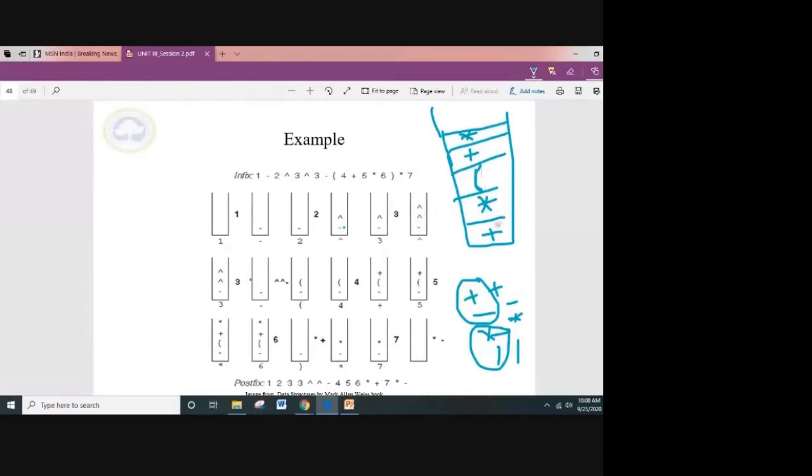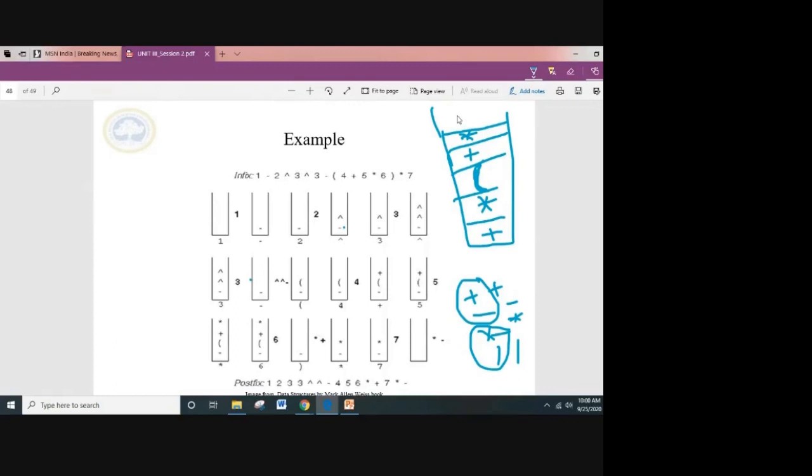And another thing I want to tell you is, see here, when an open parenthesis is encountered, before a close parenthesis arrives, until then whatever operators come in, you have to keep on comparing only those. You need not compare with the operators below the parenthesis. Whatever operator comes after the open parenthesis has to be compared until a close parenthesis is reached.